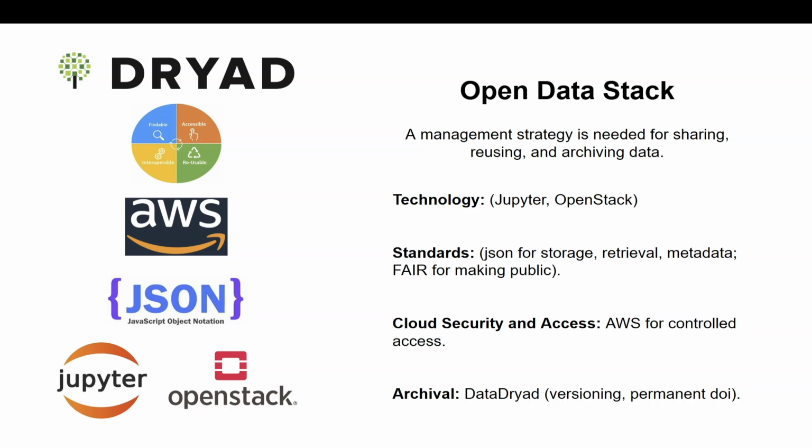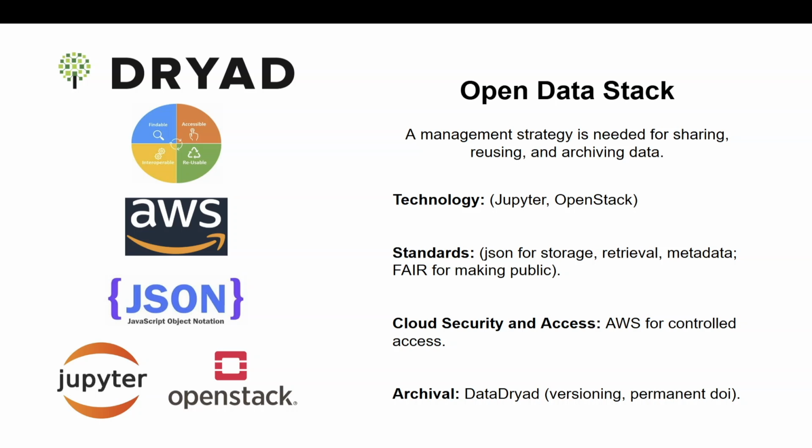We also need higher level standards for data production, for open science production in general. Things need to be findable, accessible, interoperable, and reusable. We need to have those 4 principles embedded in our workflow. Then we need a strategy for archiving data, and for that we might use something like Dryad, which is a data repository.